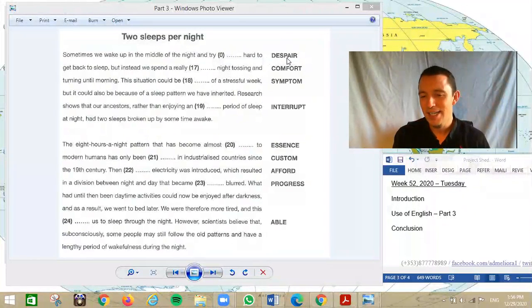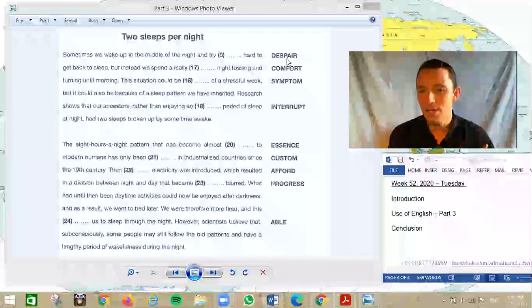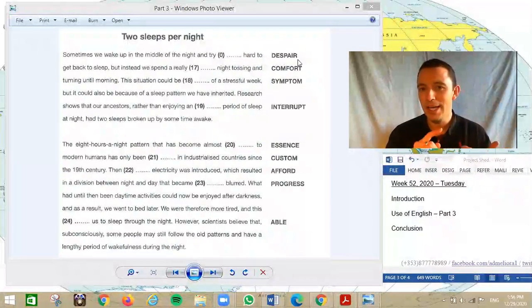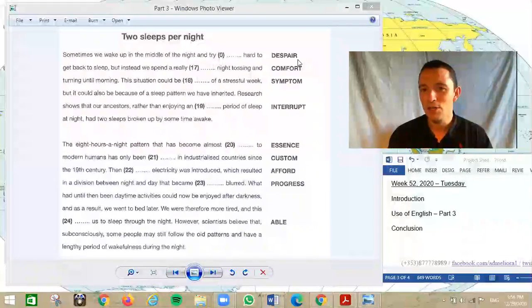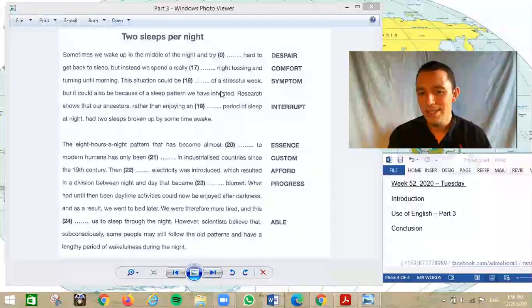Despair is a substantive, so it's necessary to change the form to maybe a verb, an adjective, an adverb, maybe the negative. So there are 4 or 5 possibilities for every word. The word families are very important, okay? So this is the article, and it's necessary to have a good feeling for the article.